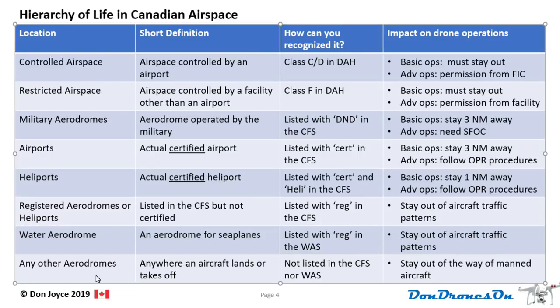Pretty simple. And then we get to the bottom of the list, and this is any other aerodrome. If you recall from the definition, this can be any place that you can land or take off with an aircraft. And this row is reserved for aerodromes that are not certified, they're not registered in the CFS, and they're not in the WAS.